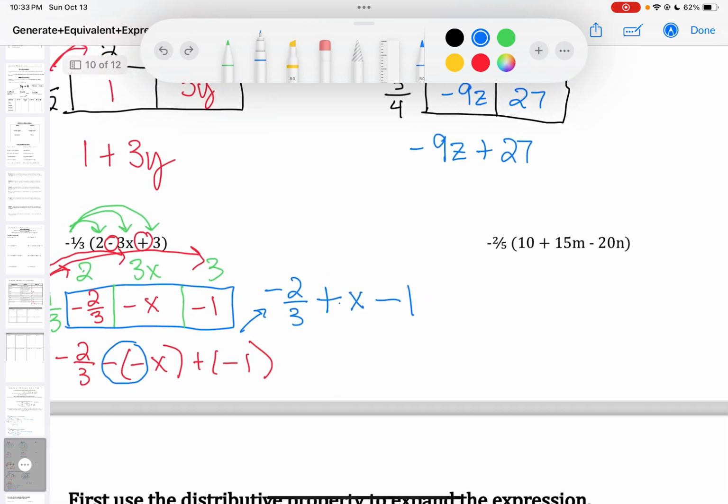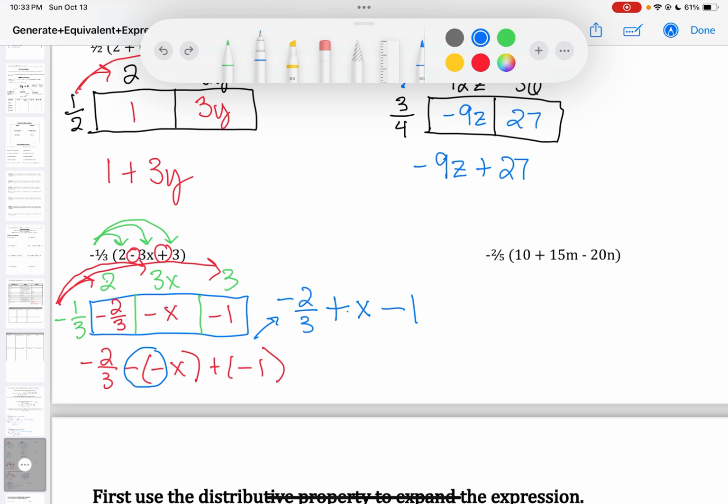Okay, so one more time, I'm going to make my area model. Long rectangle. Number on the outside of the parenthesis will go on the outside of the rectangle. And I'm splitting it into 3 because we have 3 terms. 10 at the top, 15m, and 20n.